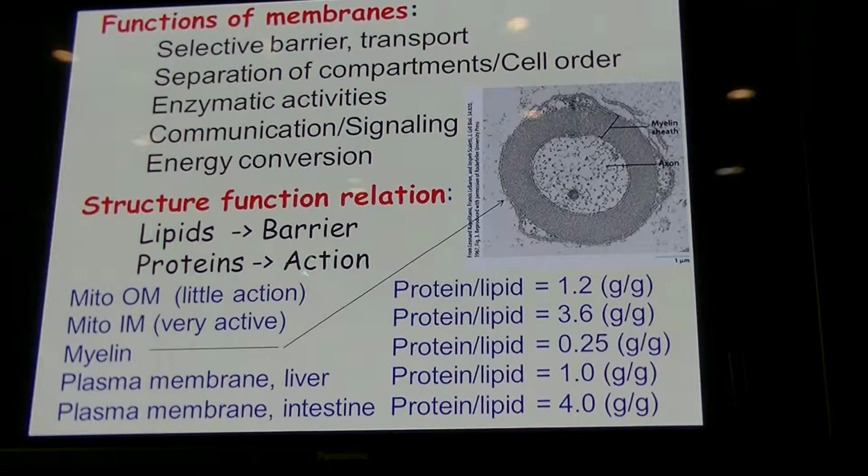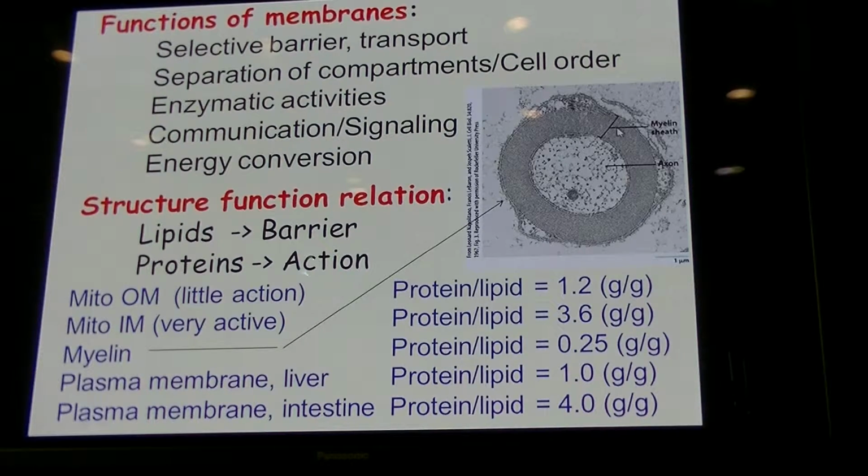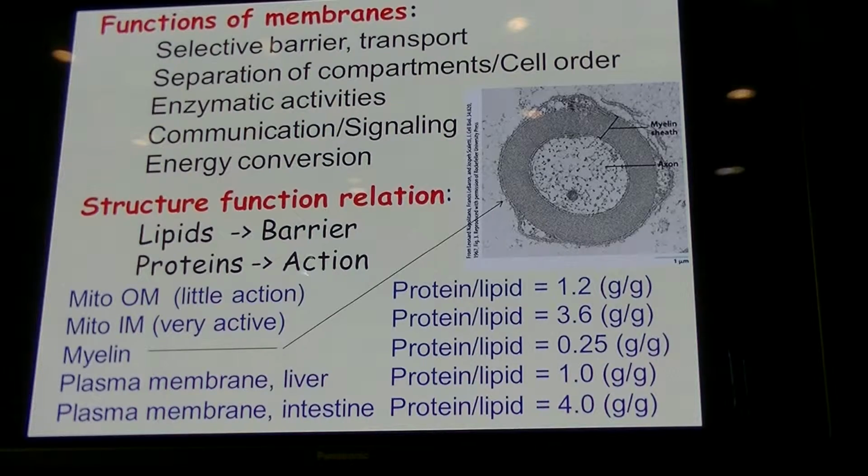And that is what we see. Here's an EM picture. It's a thin section of what we call the myelin sheath. What this actually is, is just a cell that's very thin and wrapped around a neuron, and its only function is to do insulation, isolation.